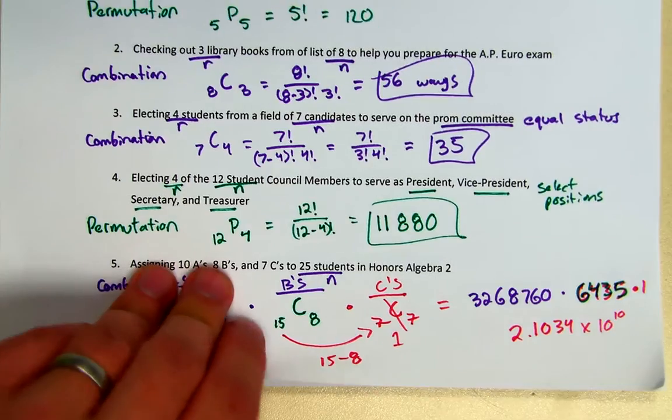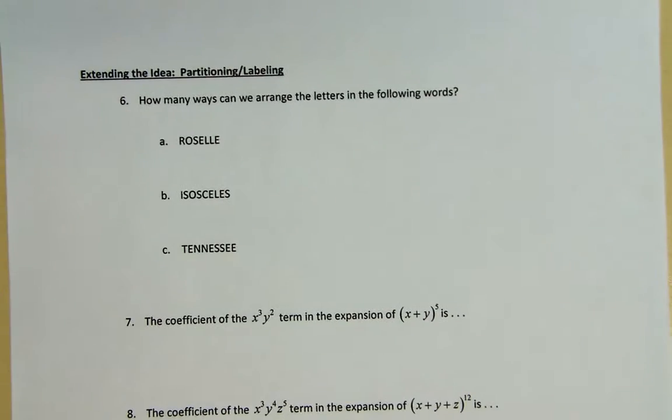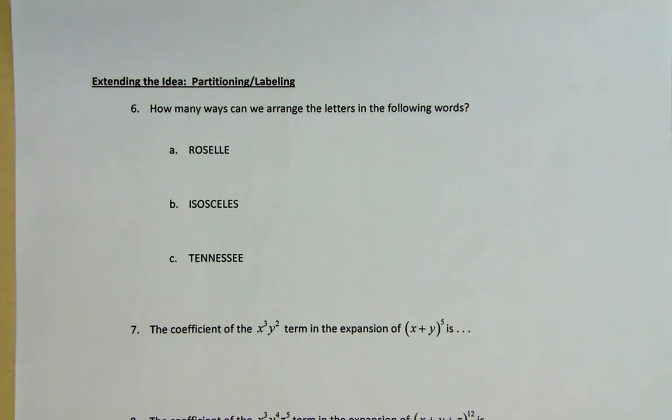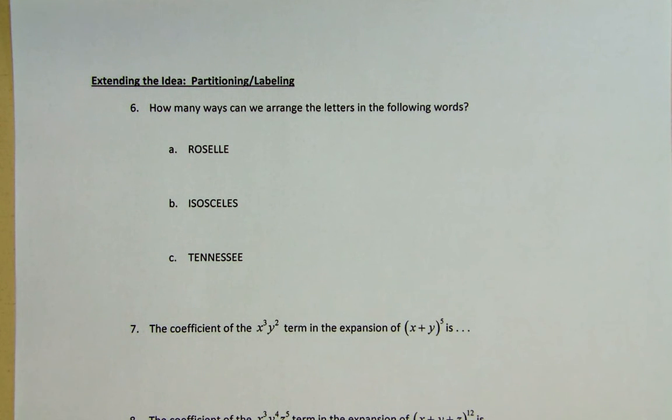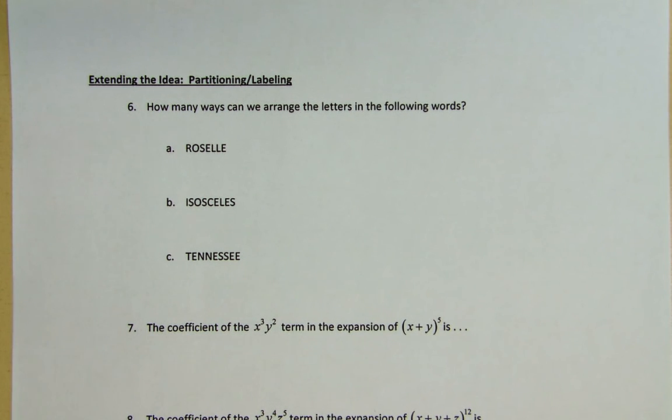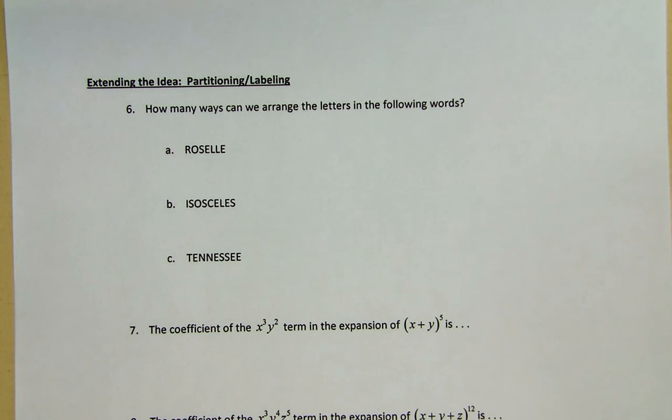If you do that, you'll get there. Alright? But let's extend the idea. So that's where I'm kind of getting at here, is that we're partitioning or labeling something. So partitioning and labeling is the way that we would get that problem.